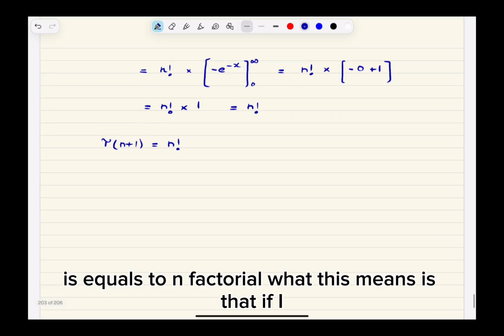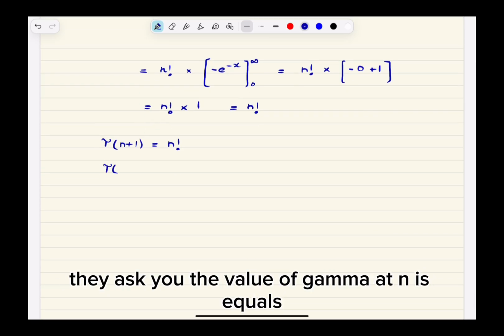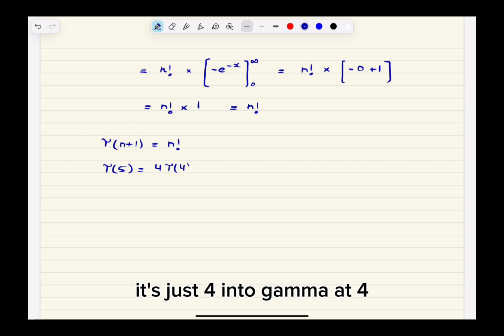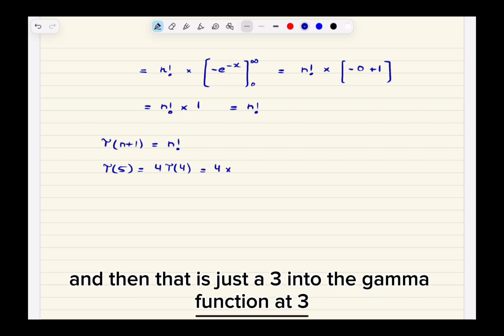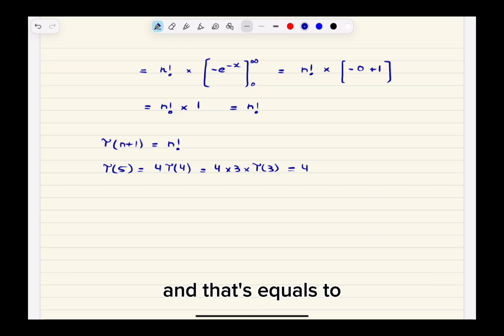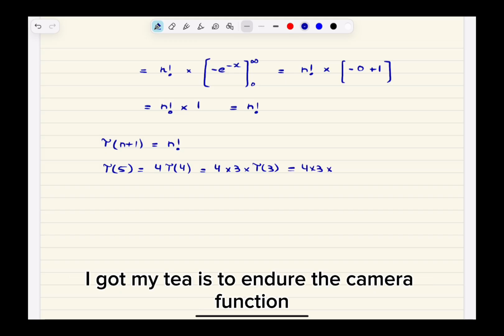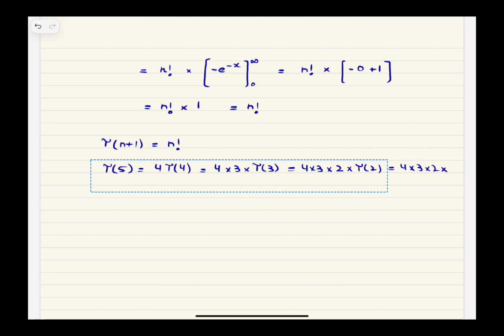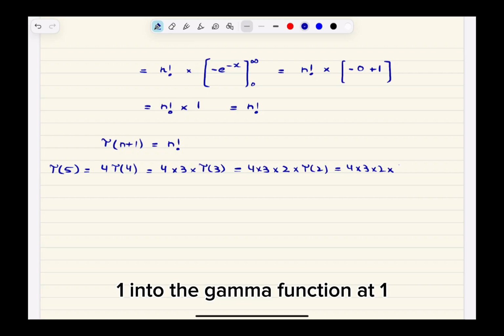What this means is that if they ask you the value of gamma at n equals 5, it's just 4 times gamma at 4, and then that is 3 times the gamma function at 3, which is 2 times the gamma function at 2, and then that is 1 times the gamma function at 1.